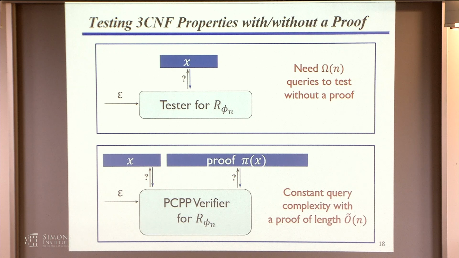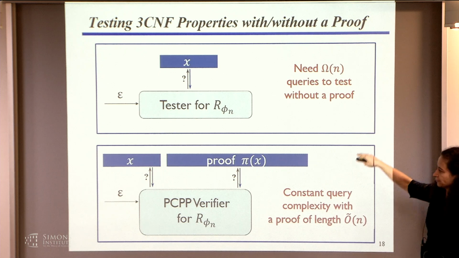So we have this interesting property, which is easy to test with a proof, but very hard to test without a proof. Somehow we would like to amplify it to get the separation that we want, to translate it into our setting. And this PCP idea is from Fischer and Fortnow. They used a different class of properties, but basically their starting point was a similar type of separation.